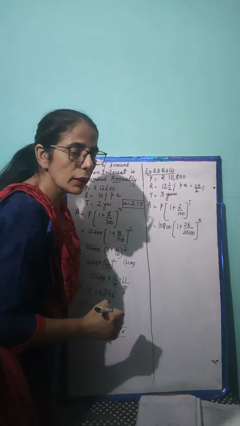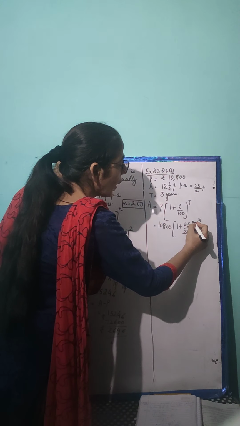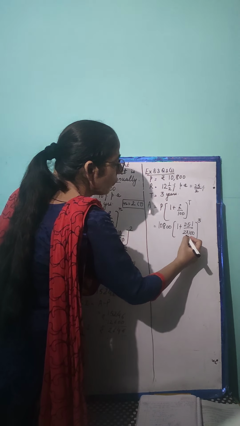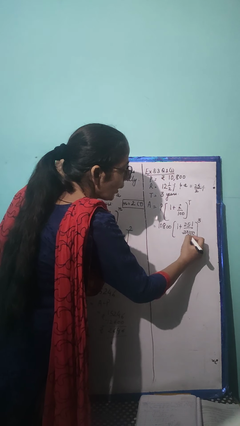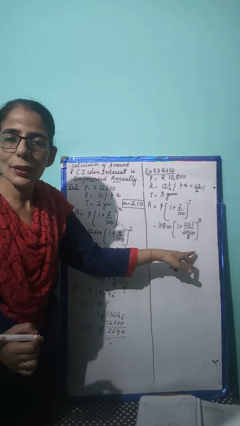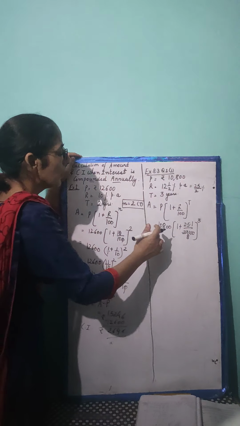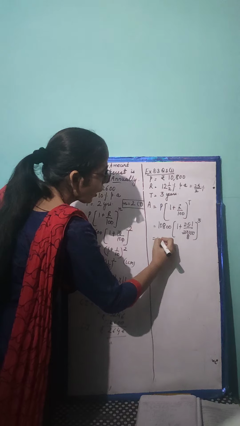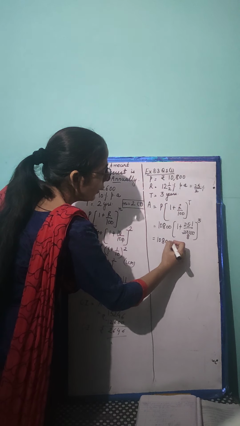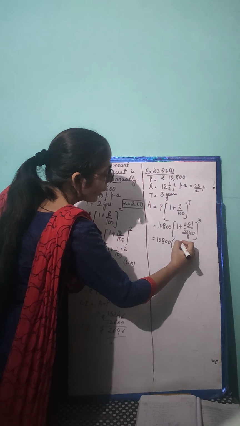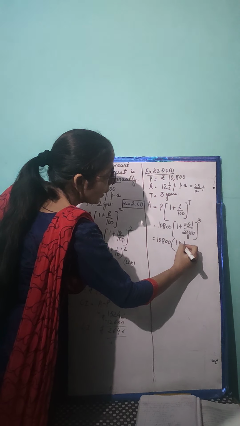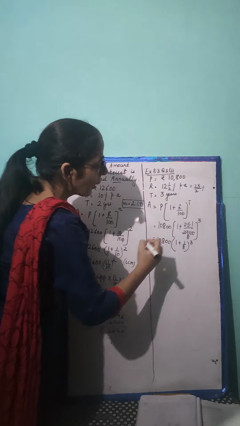Time is 3. So 25 once is 25, 25 eights are 200. 2 into 100 is 200. So it is 10,800 into (1 plus 1 by 8) whole raised to power 3.